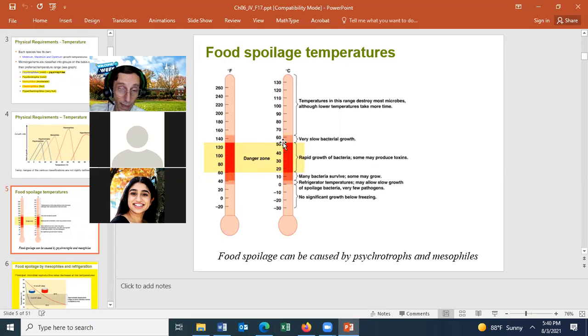In this temperature range, the food spoilage organisms may grow quickly, and if they produce toxins, you will quickly get the toxin made, and then the food can make people sick. Above and below that temperature range, down to about minus 40 and up to 150, microorganisms can grow, but only slowly.